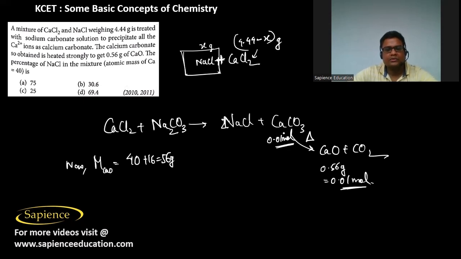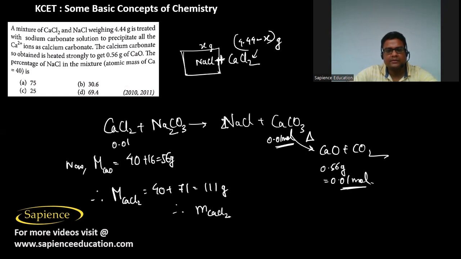Now 0.01 mole of calcium carbonate is obtained from 0.01 mole of calcium chloride. So molar mass of calcium chloride is 40 plus 71, that will be 111 gram. Now the mass of CaCl2 present in the mixture is 0.01 moles into 111 gram, that is 1.11 gram.